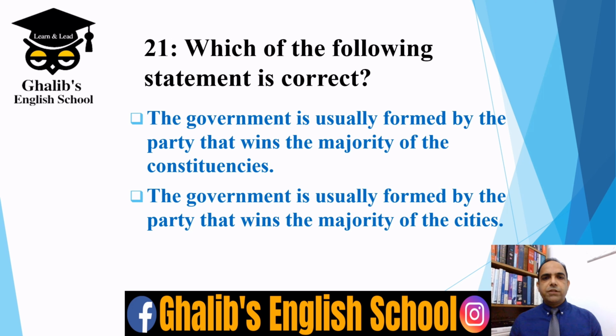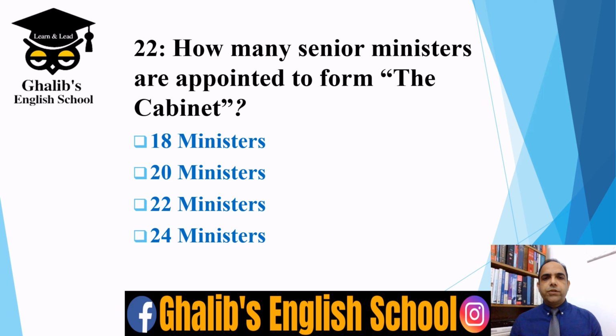Question 21. Which of the following statements is correct? The government is usually formed by the party that wins the majority of the constituencies, or the government is usually formed by the party that wins the majority of the cities. The correct option is option A. Question 22.